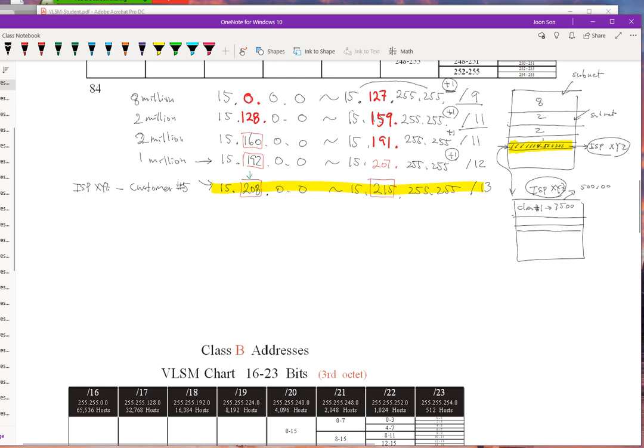This one we'll call a subnetwork because we are dividing this into many different pieces for the clients of ISP XYZ. That's why it's called a sub network.